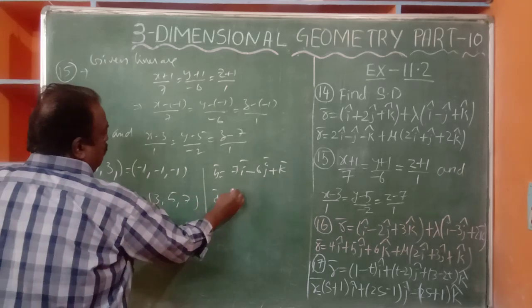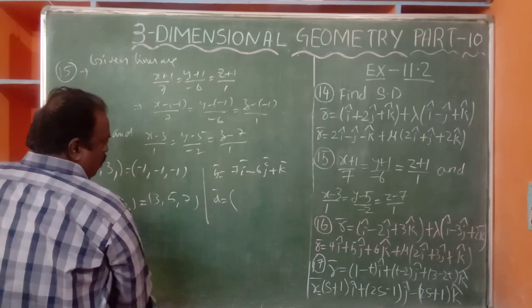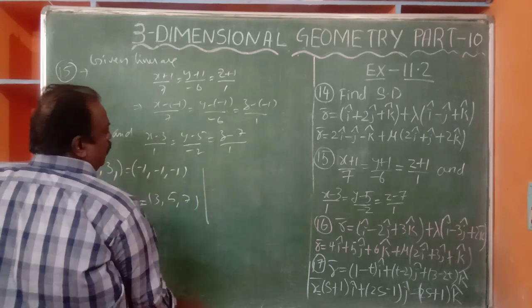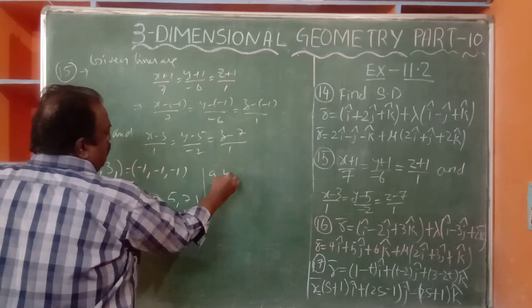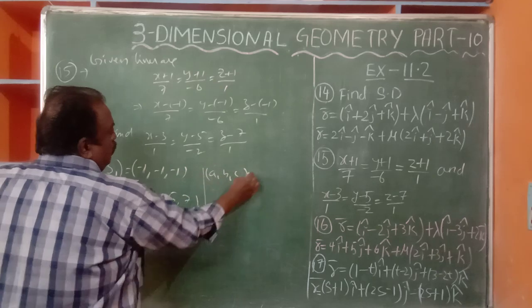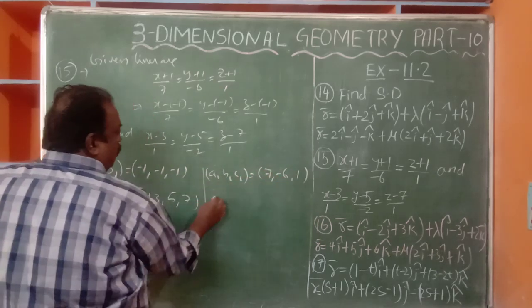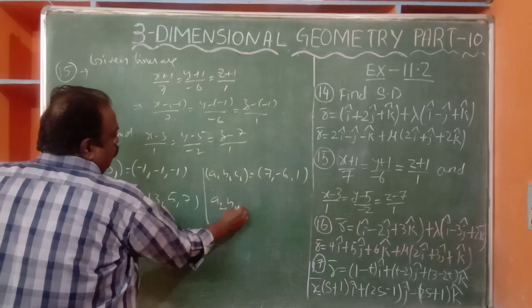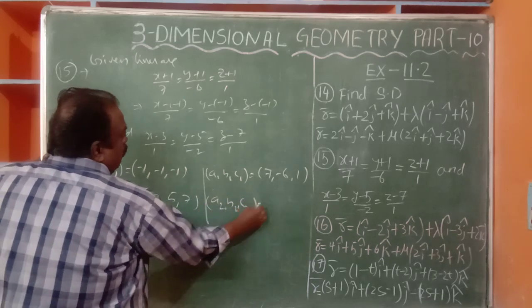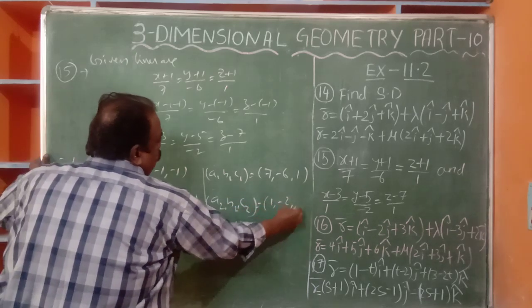Otherwise I will write it as a1, b1, c1, which is nothing but 7, minus 6, 1. A2, B2, C2 is 1, minus 2, 1.